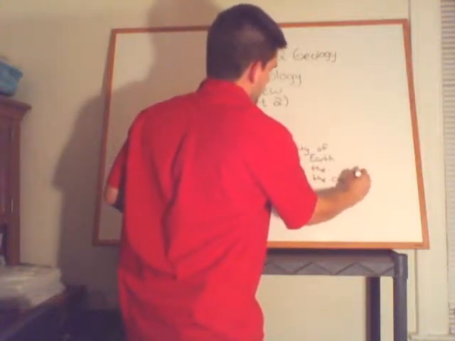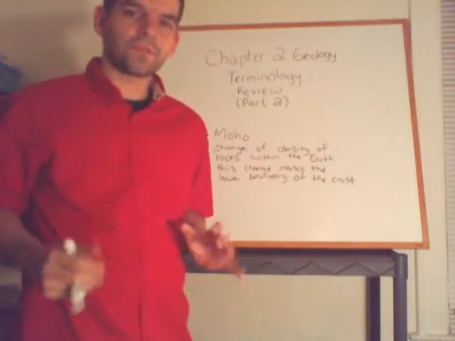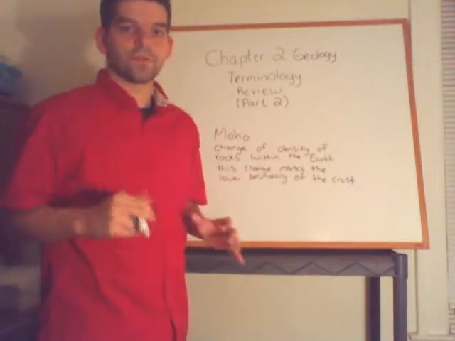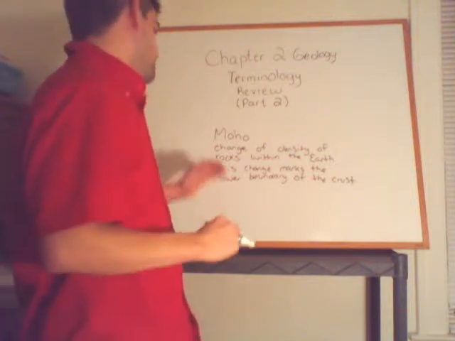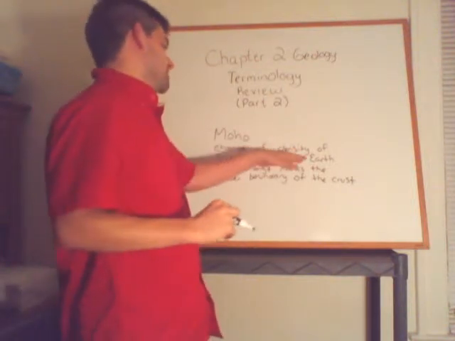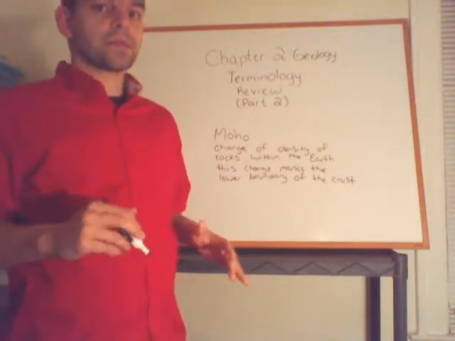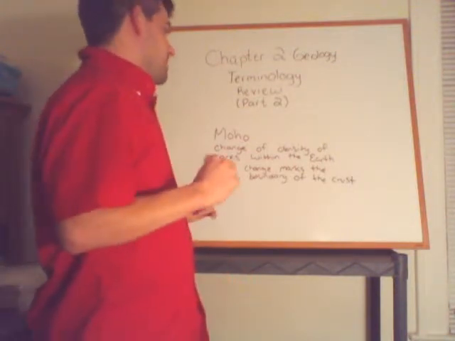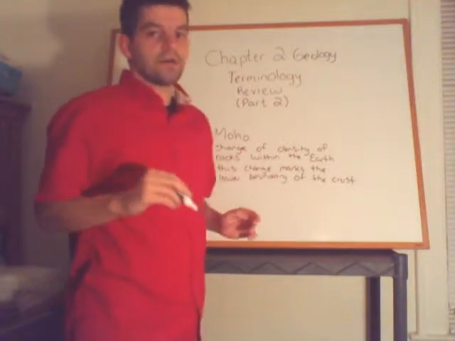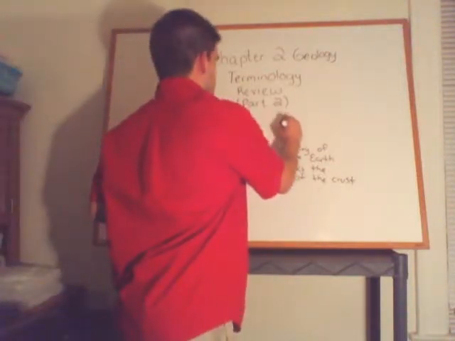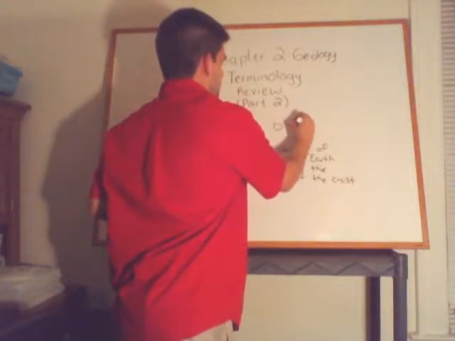Okay. Now, one thing that you could associate with this, and it's a very special term, is this change of density. Density is defined mathematically as the amount of mass per unit volume. So we have density is equal to m over v.